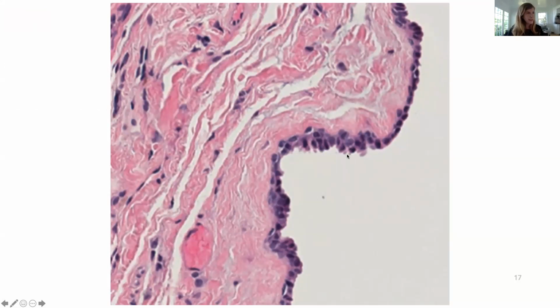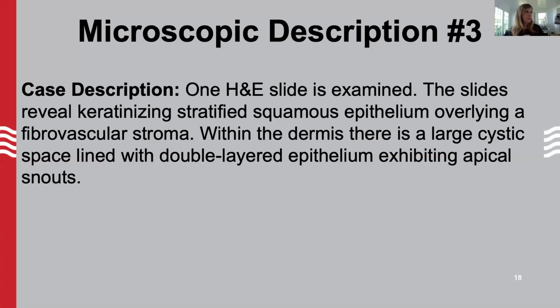We do see that a few of these cells tend to have these little projections off the surface, apical snouts. And so this is an apocrine hydrocystoma. And again, just to drive home those salient points, we've got that skin with the dermis containing a large cystic space lined with double layer epithelium, exhibiting the apical snouts.